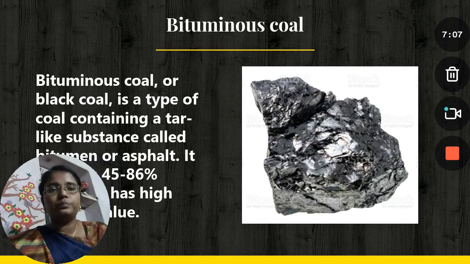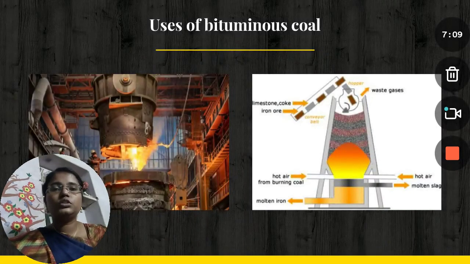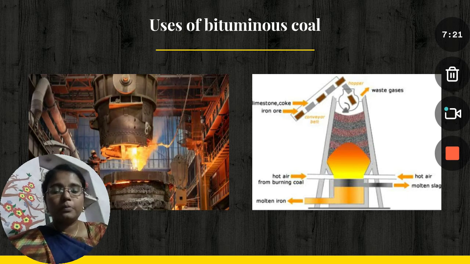The high carbon and low moisture content of this particular type of coal make it ideal in the production of steel and cement as well as in electricity generation and coke production. There are two subtypes of bituminous coal, thermal and metallurgical.